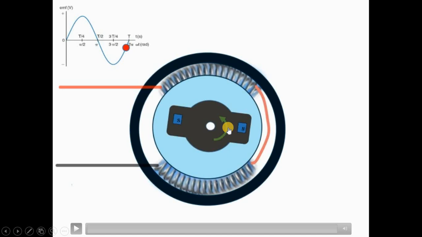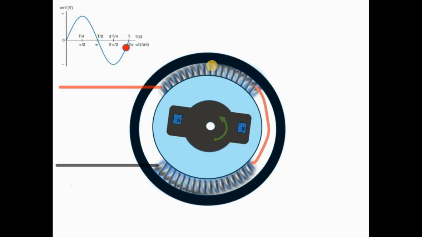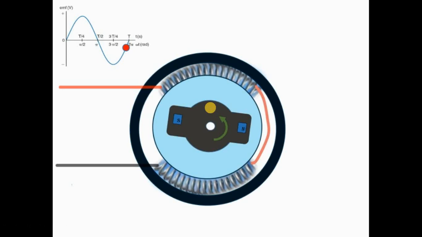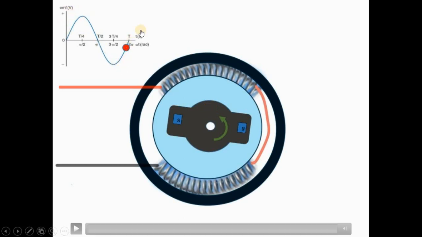If instead of two poles, you have four poles, when the rotor completes one full revolution, the coil comes under the influence of two north pole and two south pole. So when the rotor makes 360 degree revolution, the coil comes under the influence of two north pole and two south pole. So two cycles of AC waveform is generated.